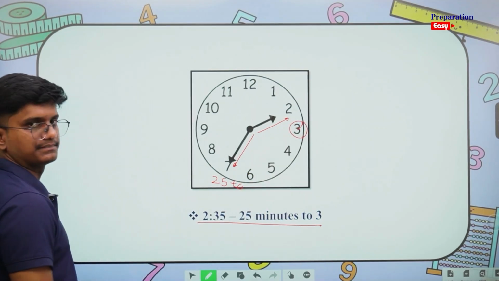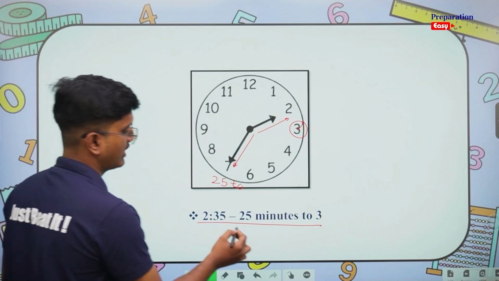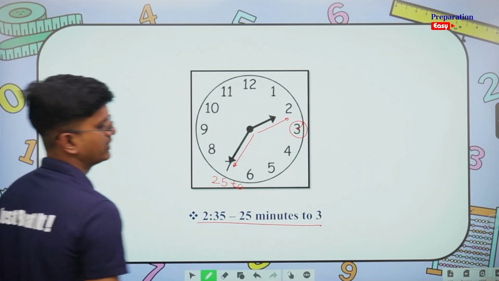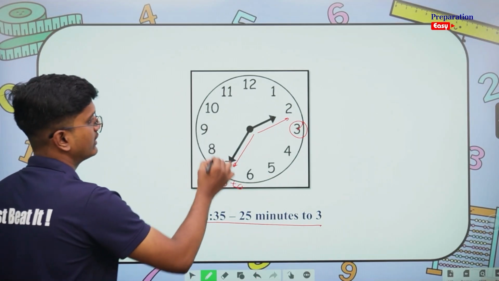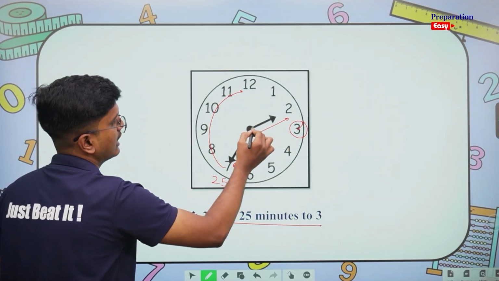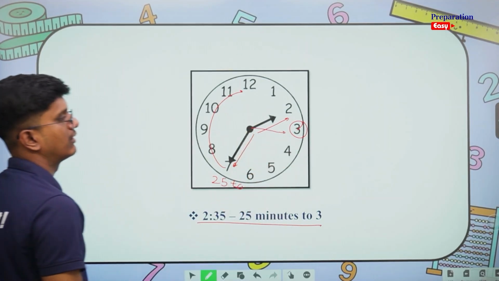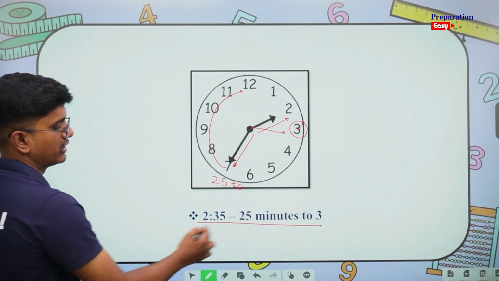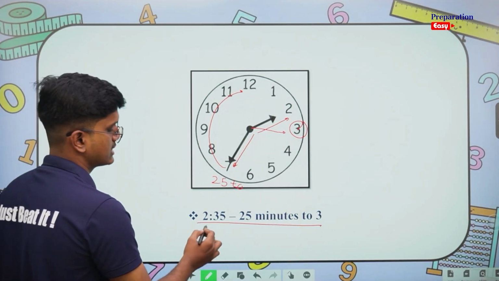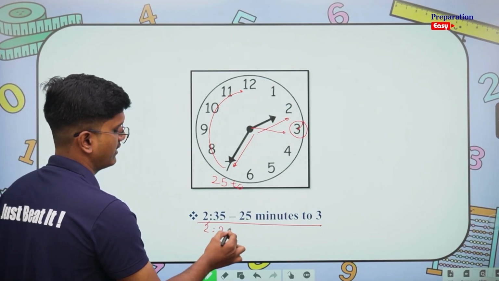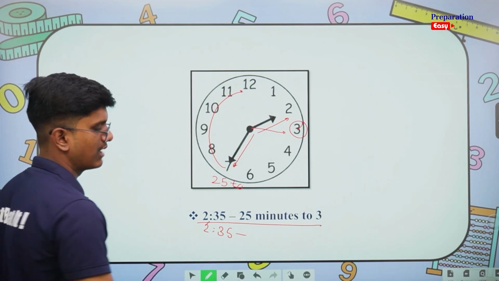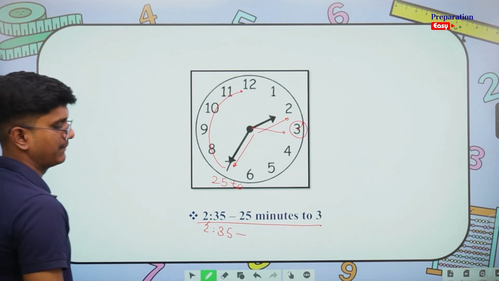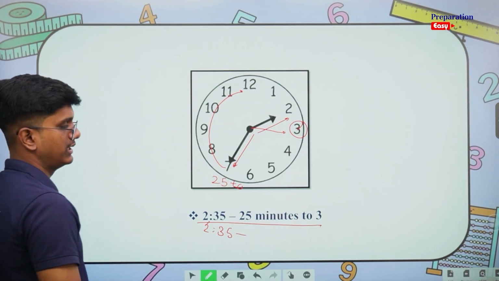So 2:35 is 25 minutes to 3. We are left with 25 minutes, and this hour hand will go over here on 3. So we are left with 25 minutes to 3. So 2:35 is written as 2:35, but we have to pronounce it as 25 minutes to 3.